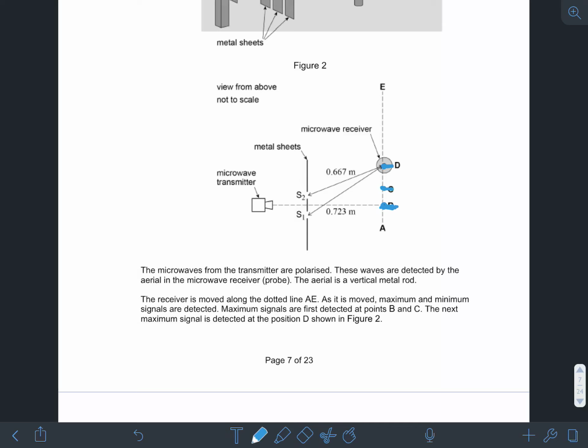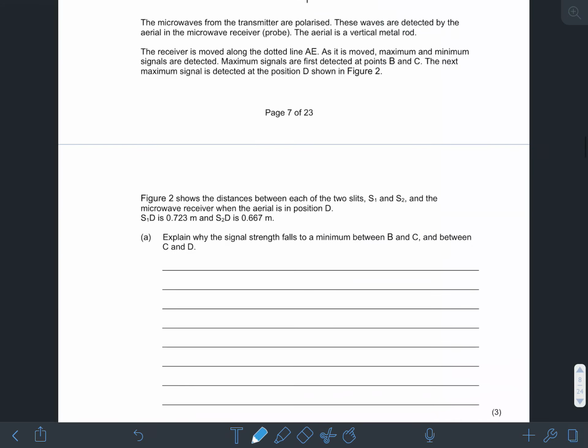Okay, so you've got to think about how many wavelengths of path difference you've got from the two slits. Right, now, figure 2 shows the distances between each of the two slits, S1 and S2, and the microwave receiver when the aerial is in position D. And it's basically just explaining the diagram.